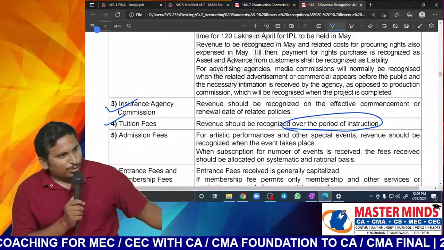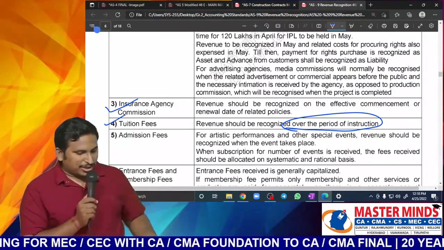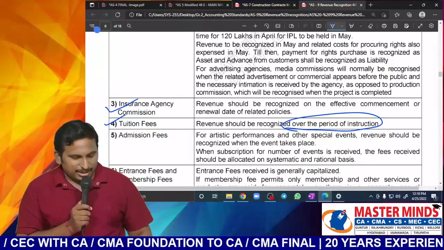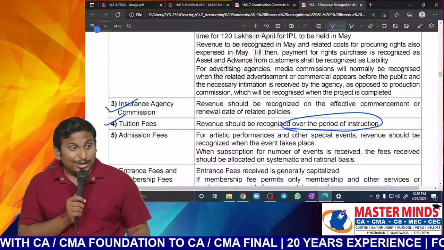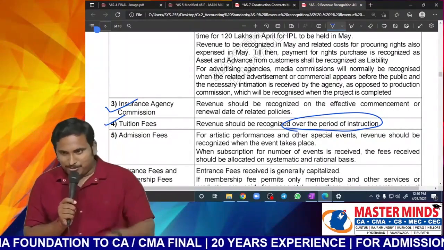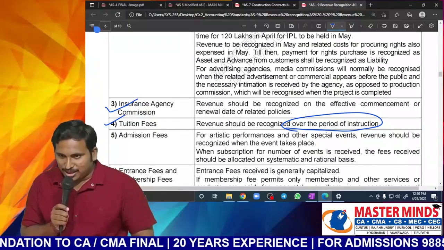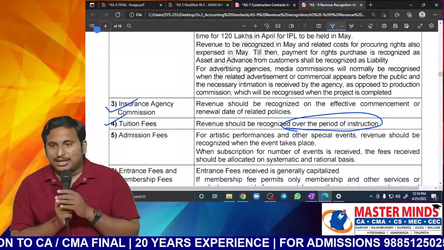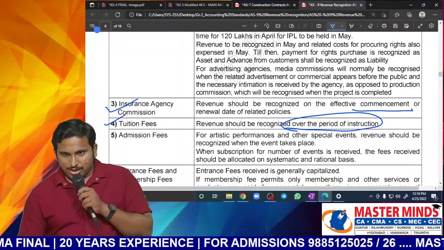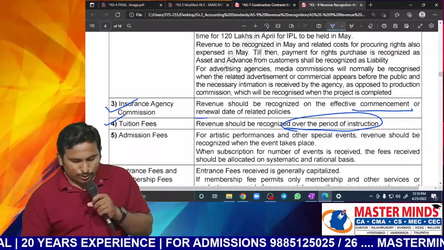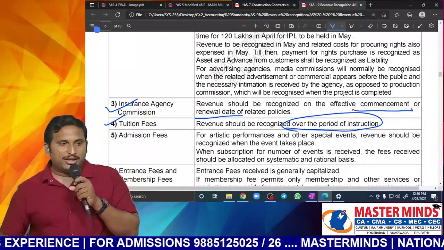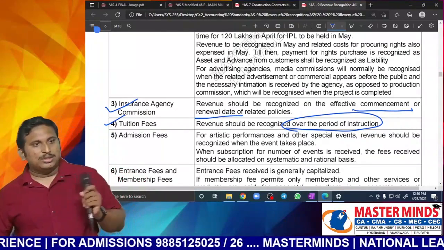Is it over the year, or on the date of the policy? I think I can say it is the renewal date, sir. Every year you are paying a premium, and based on the premium payment they receive some commission. If it is the first time they are taking the policy, we can say the commencement of the policy, or if it is getting renewed, the renewal date. Either the commencement date or the renewal date, on that day they can recognize the revenue.